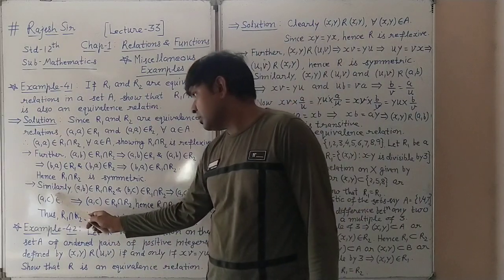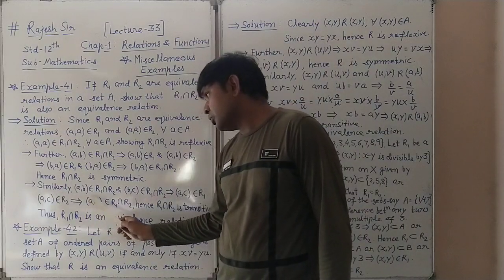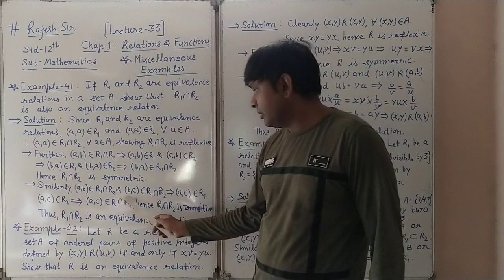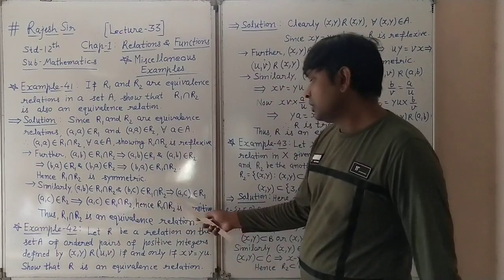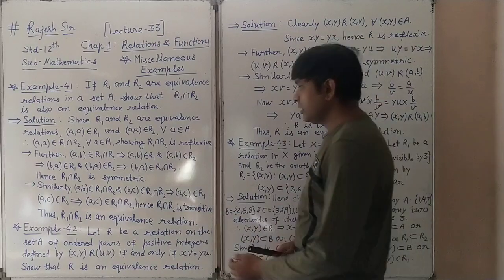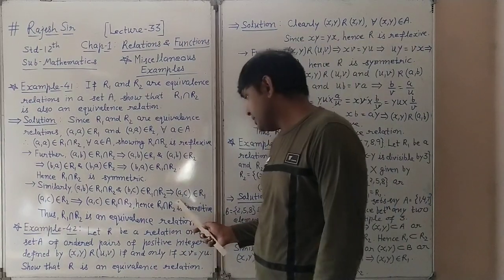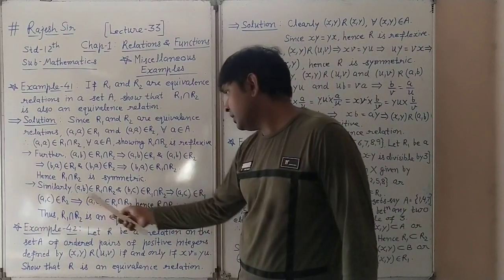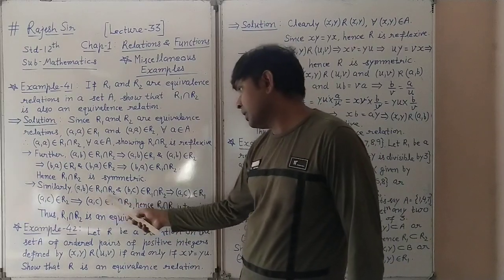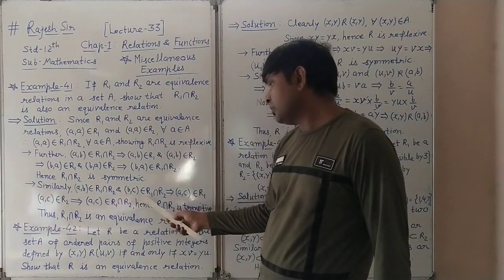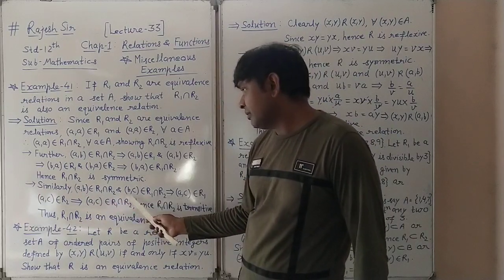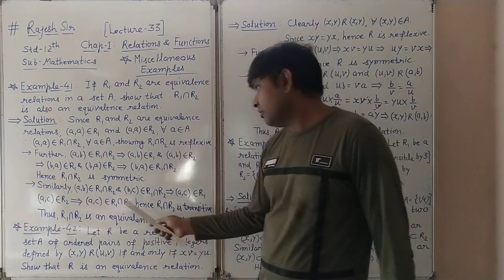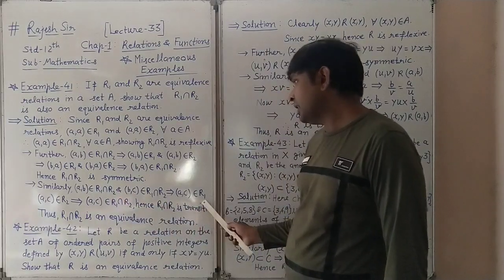Similarly, if (a, b) belongs to R1 intersection R2 and the other pair (b, c) also belongs to R1 intersection R2, what does that imply? This implies that (a, c) will also be in R1 and R2.